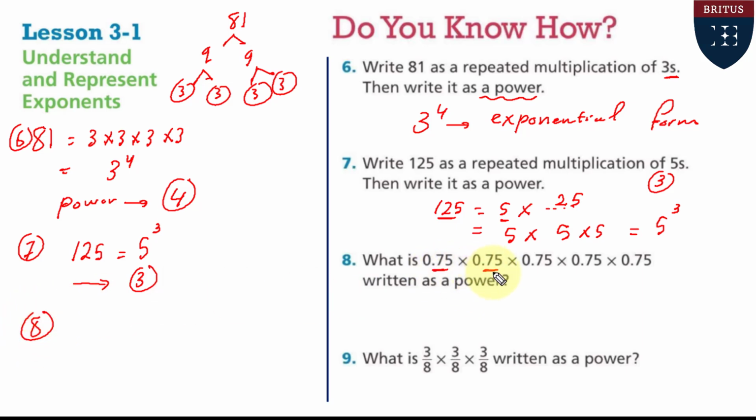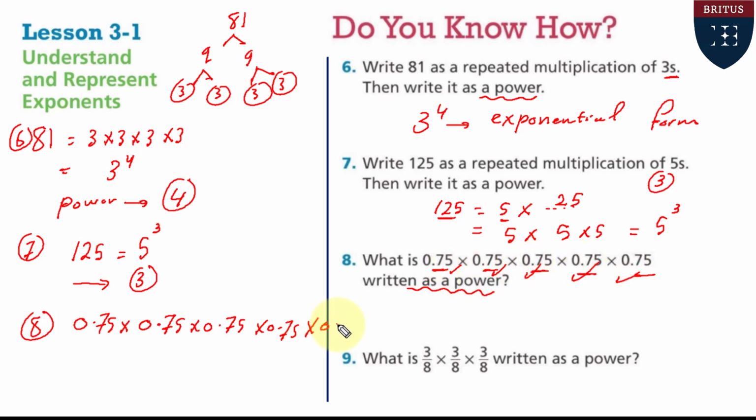Number 8, look. 0.75 times 0.75 times 0.75 times 0.75 times 0.75. We don't need the value. We are asking about the power. In the exponential form, 0.75 is repeated how many times? Just count: 1, 2, 3, 4, 5.